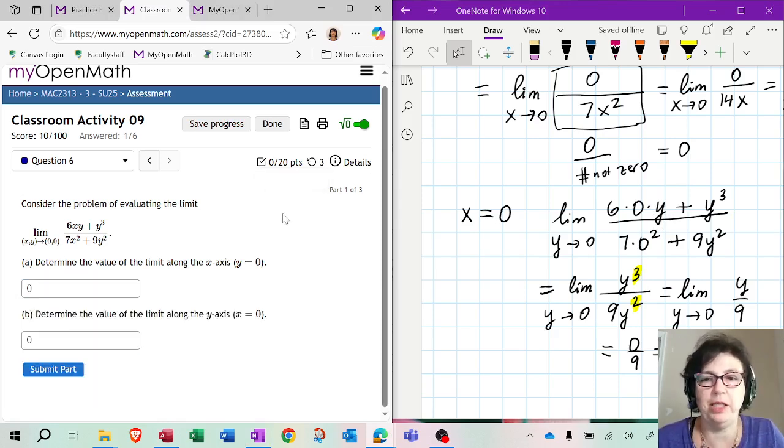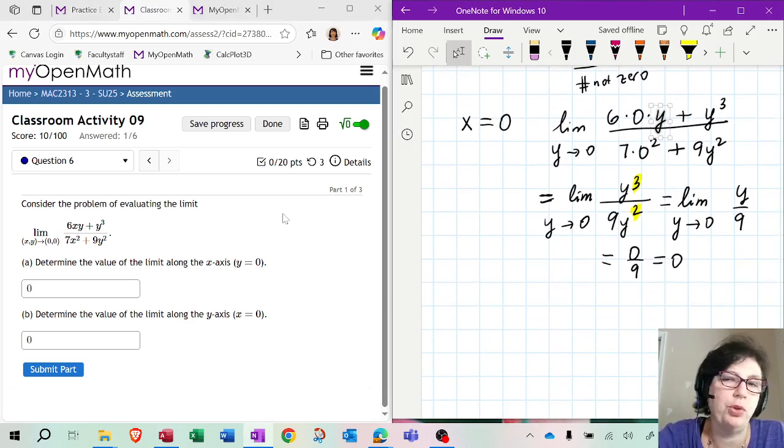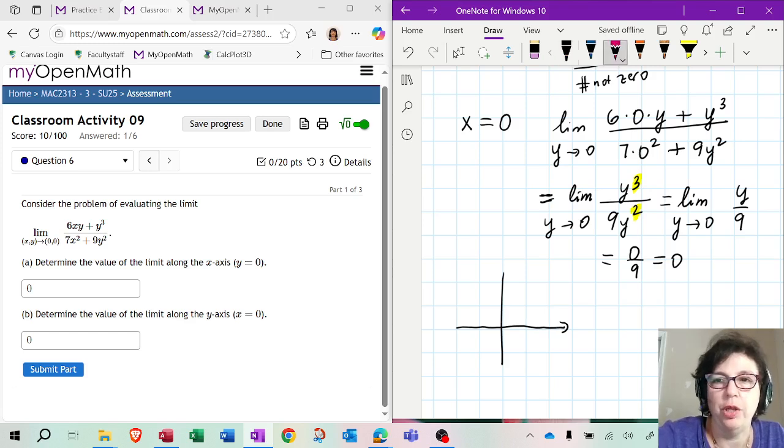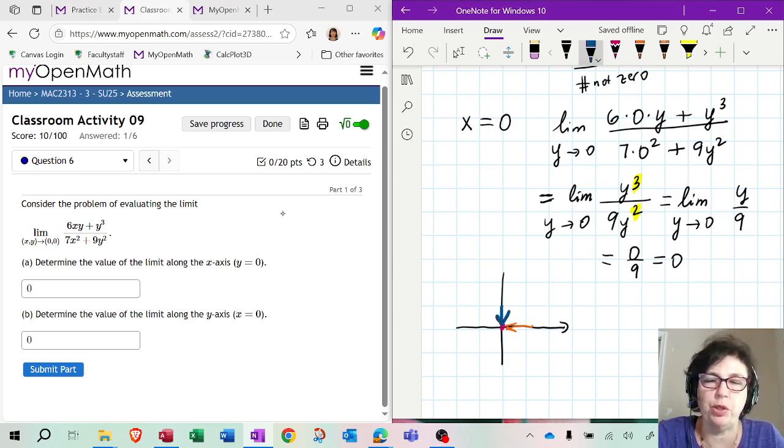Now, a lot of times I see students saying, well, both of these answers are zeros, so that must mean that the limit is also going to be 0. I just proved it. That's not true. When you are approaching (0, 0), which is your origin, you can approach it from the x-axis like this, you can approach it from the y-axis this way, but you can also approach it in a million other paths that lead to (0, 0).